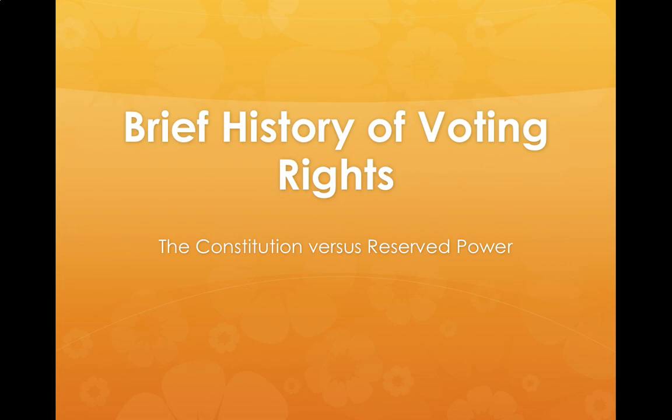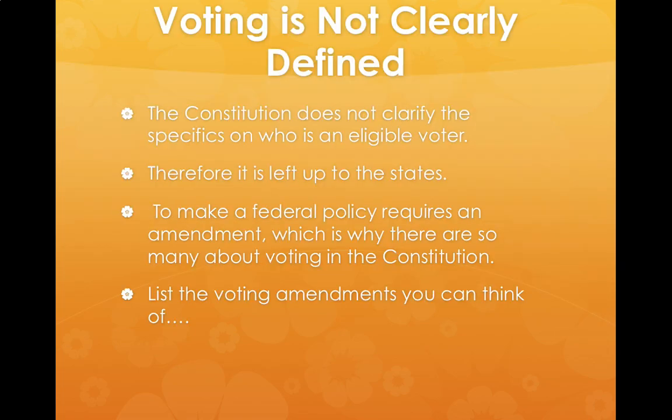And therefore, since it's not in the Constitution, the requirements to vote are left up to the states because of the 10th Amendment. And this has created an issue over time because obviously voting is something that the federal government relies on and that is an essential part of democracy, but who gets to vote can be tricky.